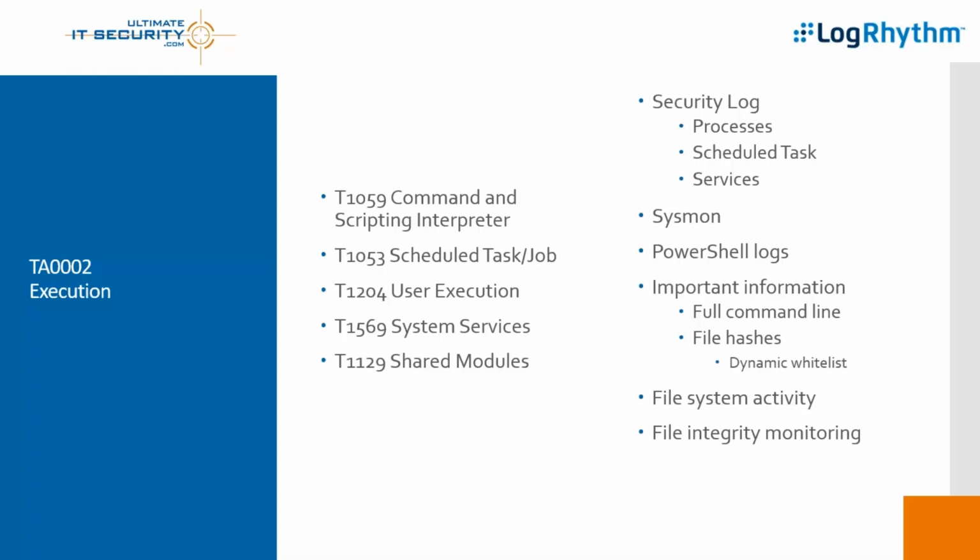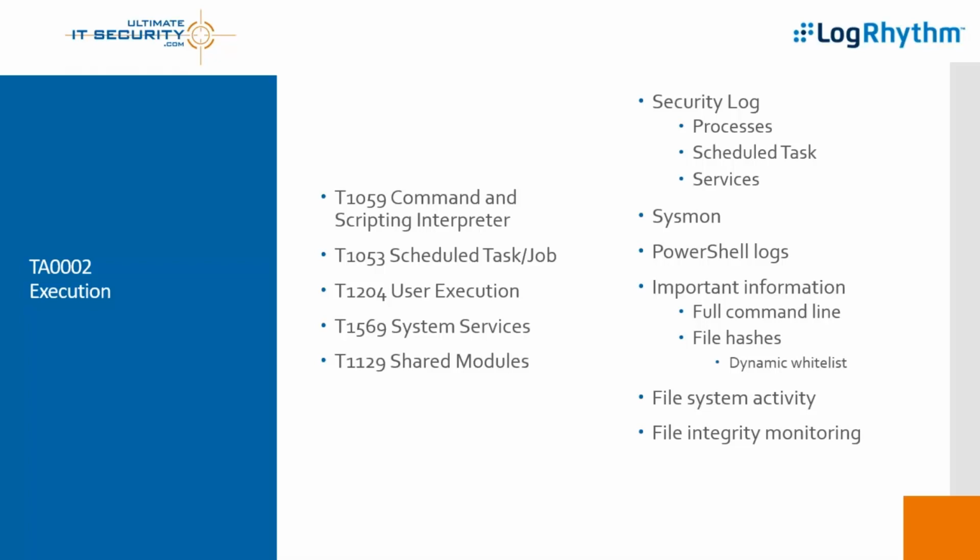If we are watching scheduled task events from the Windows security log, and if we're watching changes to services, so new services being created, services being started and stopped, there's events for all of that, then we're capturing a good bit of the sound that is unavoidably generated when attackers use these techniques.